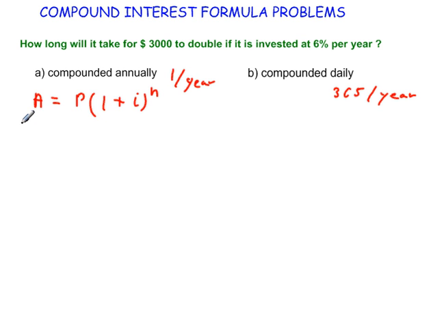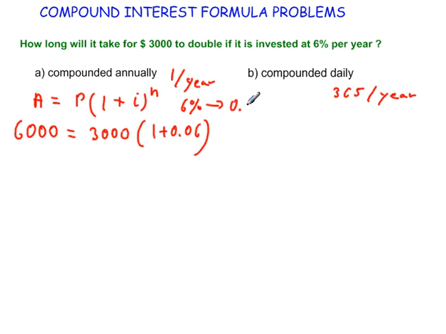The amount, including the interest, will have to equal $6,000 in order for you to double. P is 3,000, and the interest rate is 6%. So 1 plus 0.06. How do we know that? 6% converted into a decimal is equal to 0.06, to exponent n.